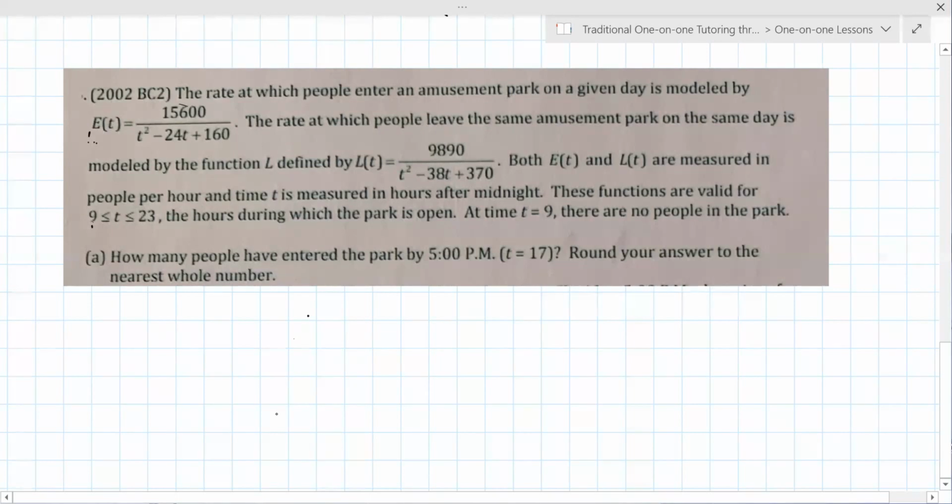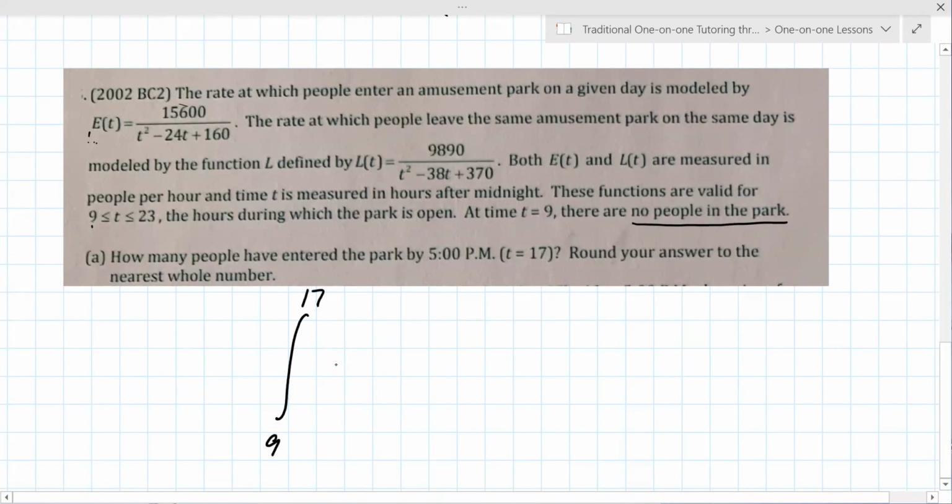Now, one of the things we don't know is how many people are in the park to start, but it does say no people in the park to start. If there were a special event and people are there already, you would add that out in front. So this is 9 to 17.